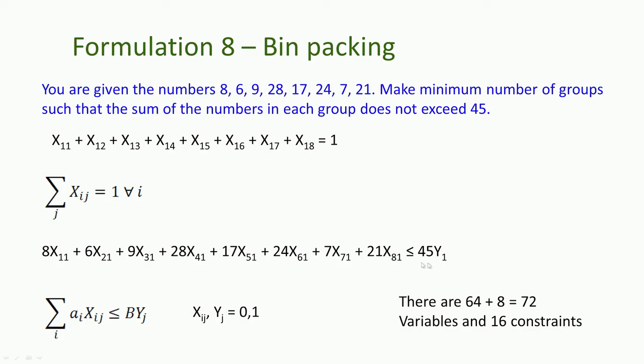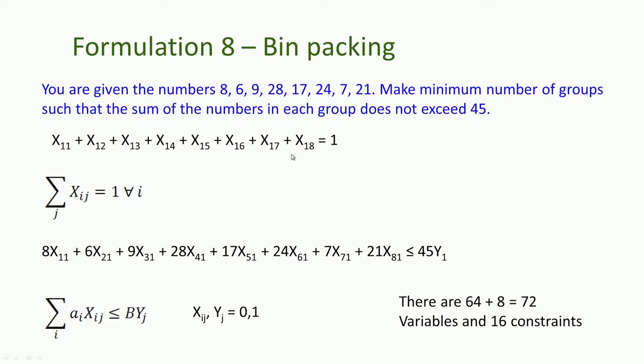So, the constraint will have a right hand side of less than or equal to 45 y1. y1 is equal to 1 if bin 1 is chosen or group 1 is chosen. So, whatever is allotted to that group should have a length less than or equal to 45. So, a general form is sigma ai xij less than or equal to b into yj, where b is the bin capacity. Both xij and yj are binary variables, 0, 1 variables.